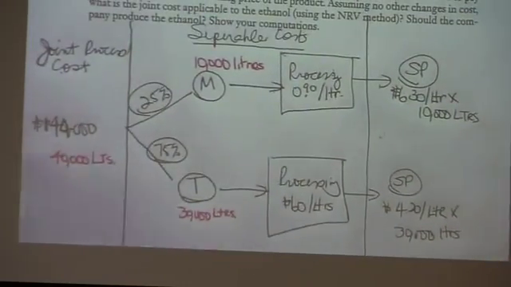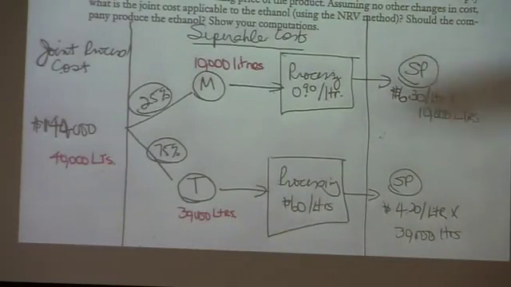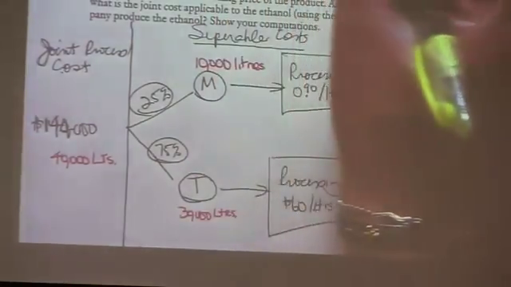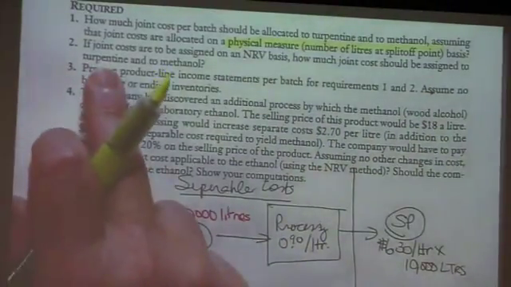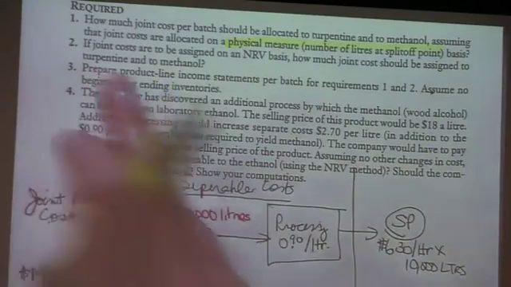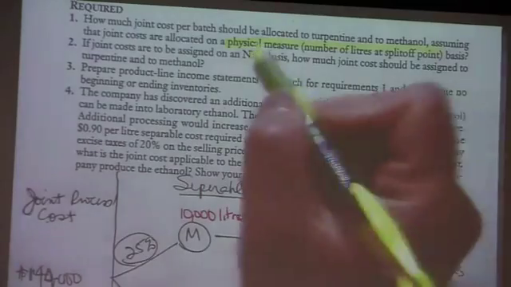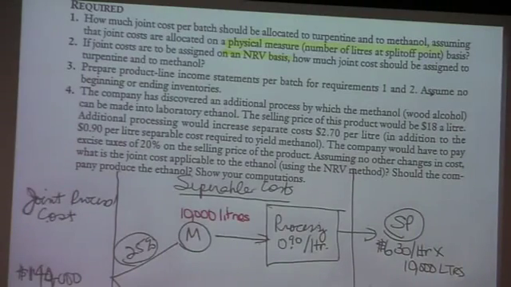The required says how much joint cost, so how much of the 144,000 should be allocated to turpentine and methanol, assuming that we're going to use what they call the physical measure method. And the second part of the question says, how much of the 144,000 do we allocate, assuming we're going to use the NRV method, net realizable value method.